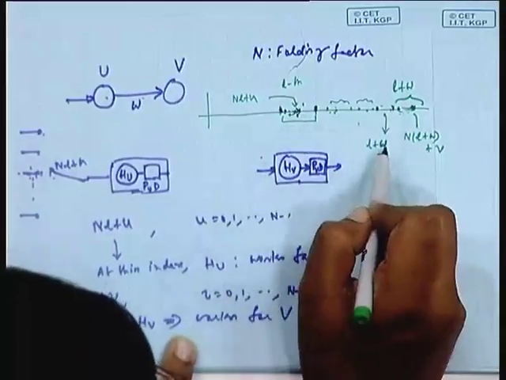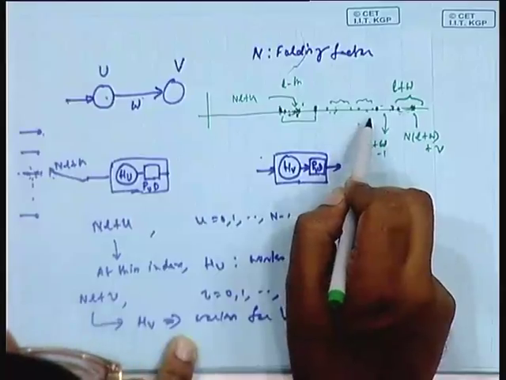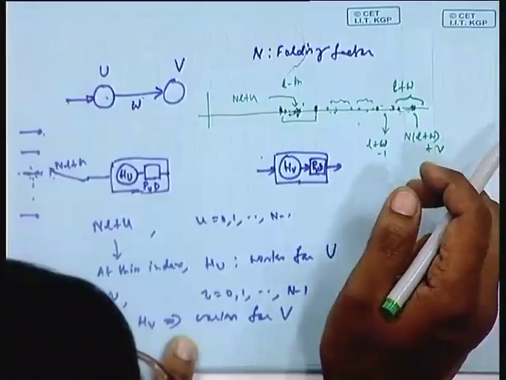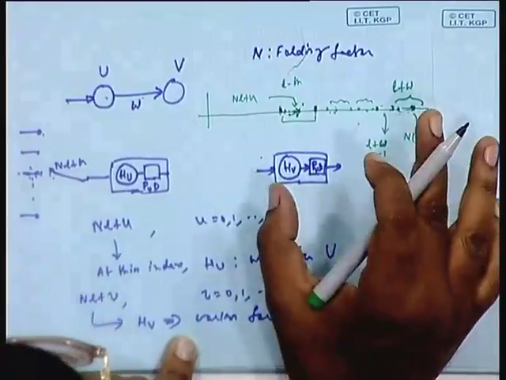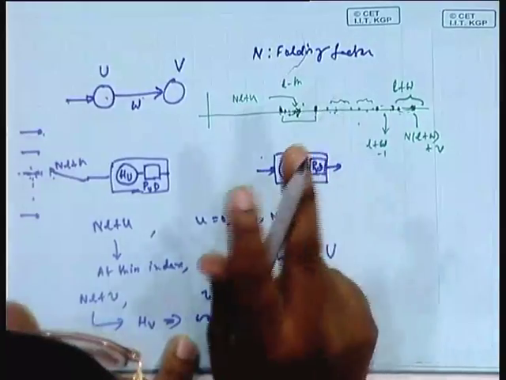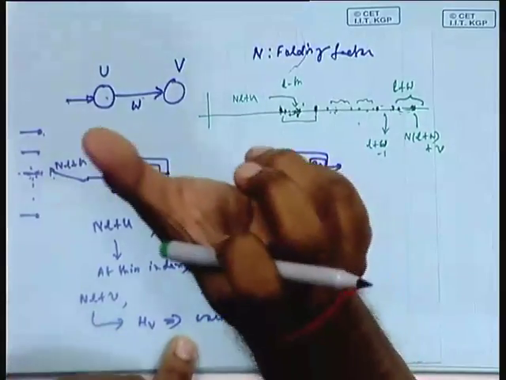So, if I come from here to here, how many? W. So, how many system clock points? W n. Okay. One input clock means n system clocks.